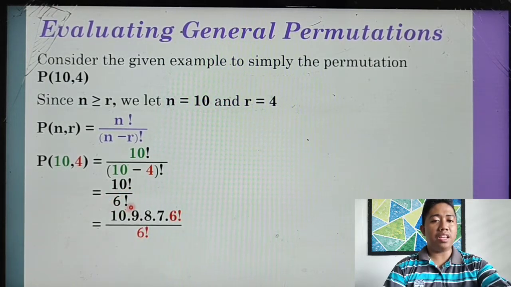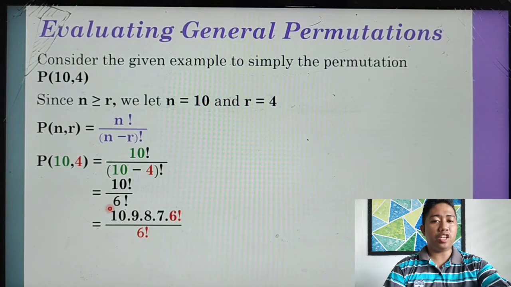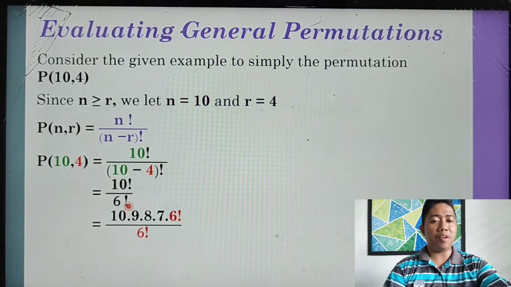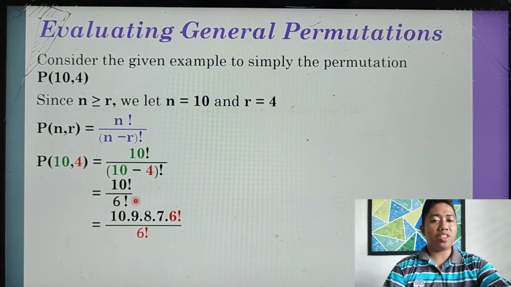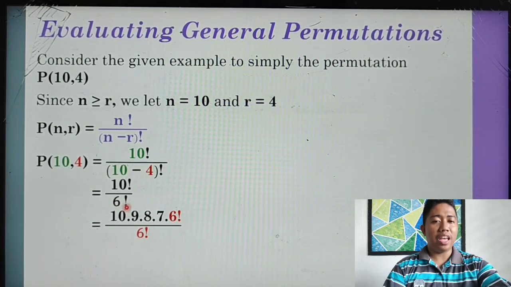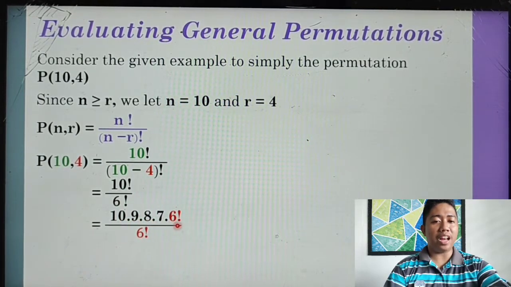In order to simplify a mathematical expression with factorials in the numerator and denominator, consider the smallest factorial, which is 6 factorial, and then expand 10 factorial until it reaches the smallest factorial value. So we have 10 times 9 times 8 times 7 times 6 factorial.